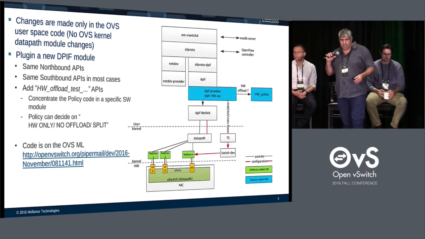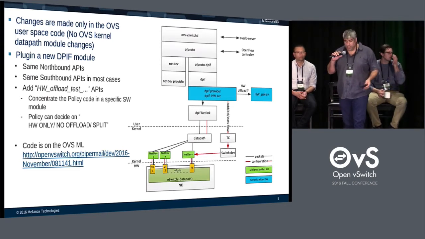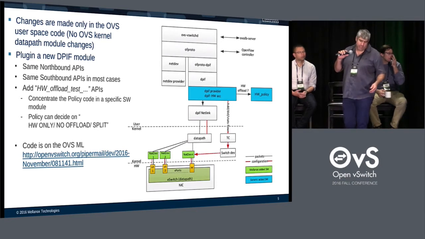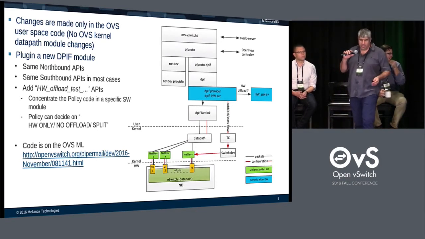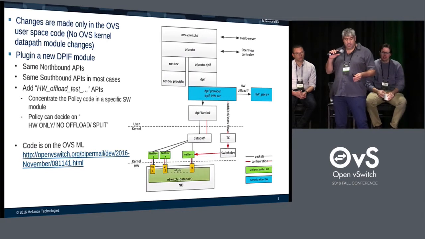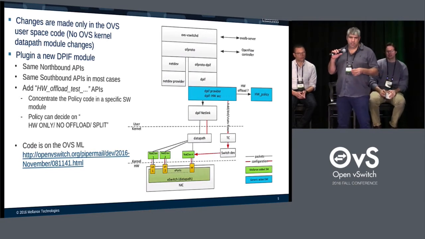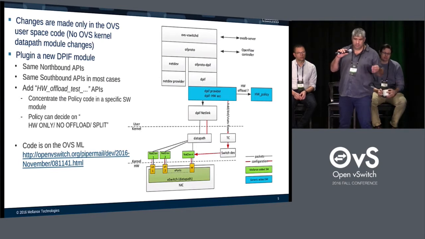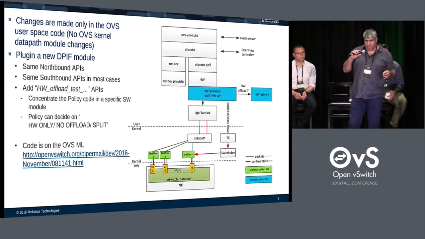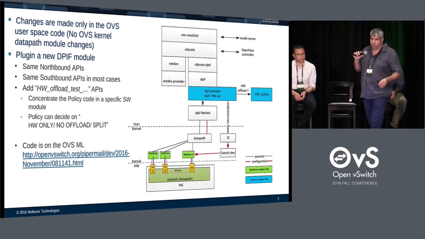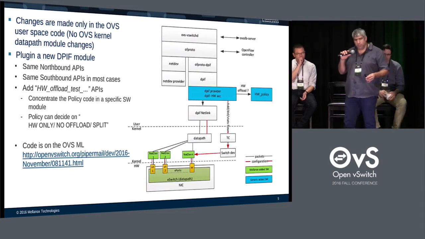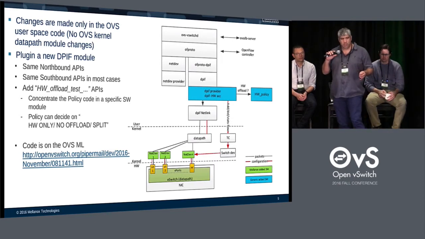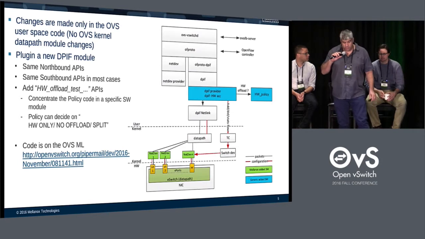In any case that the hardware doesn't support it, the driver returns an error, and then we take it to the old one, the normal kernel datapath, and the packet will be forwarded by the software. So we are supporting failure: any case that the hardware doesn't support something, it can also be done in the software.